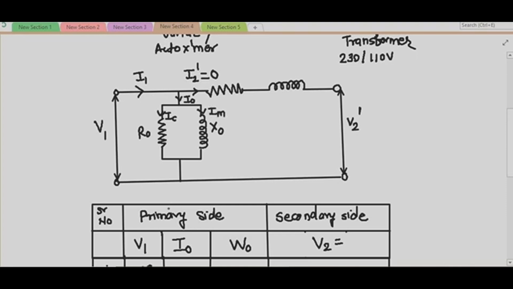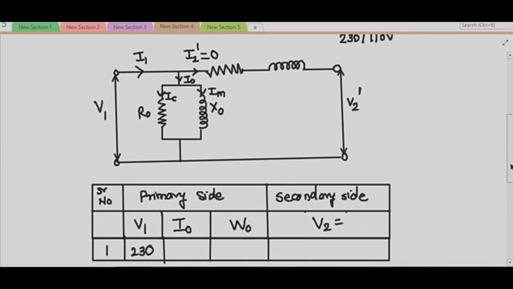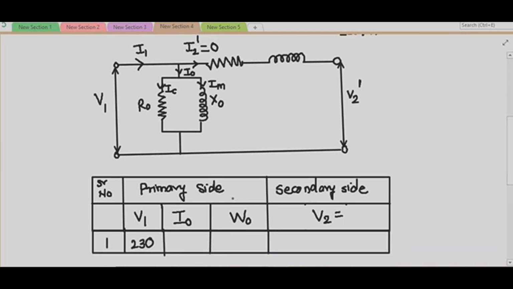Why have we included this shunt circuit in the equivalent circuit? For accounting for the no load current. So the values of R0 and X0 of the shunt circuit accounting for the no load current can also be calculated from the data obtained from the open circuit test on the transformer. This figure gives you the equivalent circuit of the transformer referred to the primary side.